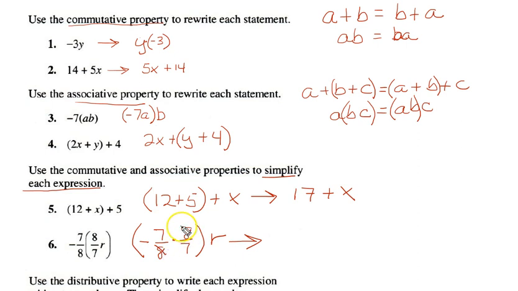The 8s cancel out, there's a 1. The 7s cancel out, there's a 1. So we're just left with a negative 1, which we don't write now, r. So this simplifies into a negative r. Remember, there's a 1 there, but there's a 1 in front of every letter. We just don't write it.